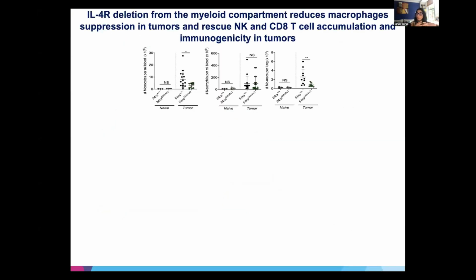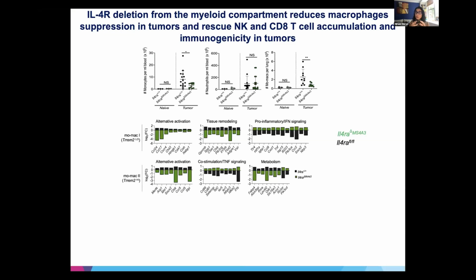So then we went down and asked what type of signals really happen upon this IL-4 receptor deletion, what type of reprogramming of the tumor inflammatory component happened. And what we saw is that there was first a strong reduction of monocytes in the blood. Remember when I described this release of monocytes in response to peripheral injury, that was reduced when IL-4 receptor is deleted. So that was interesting to us.